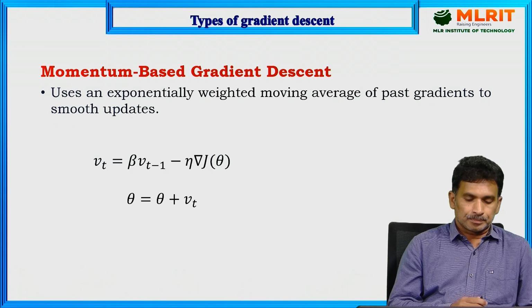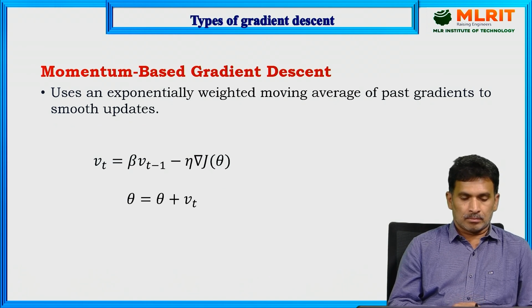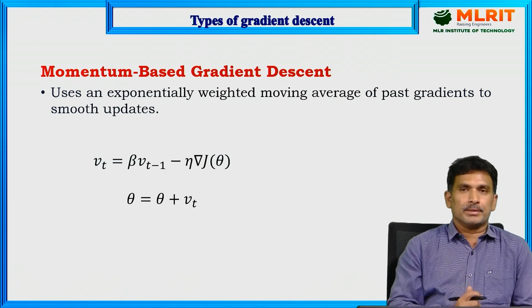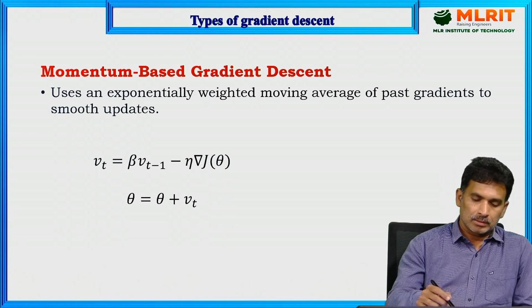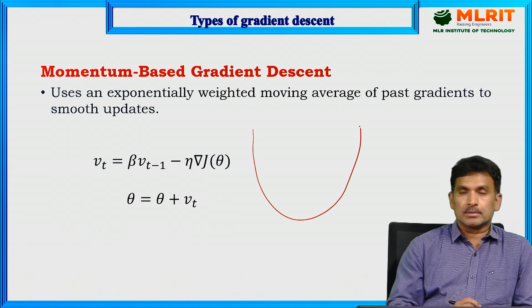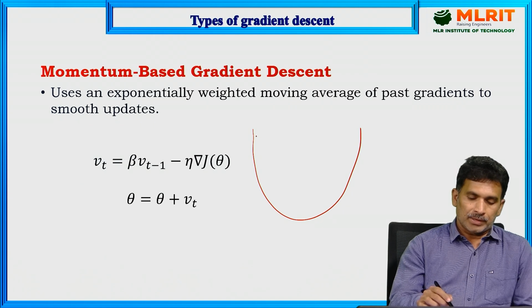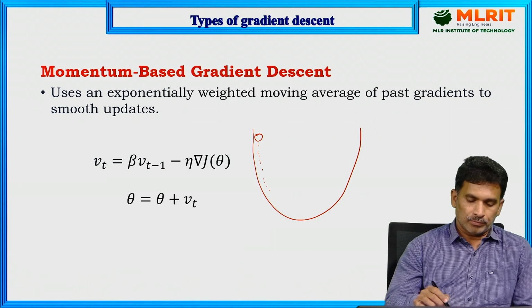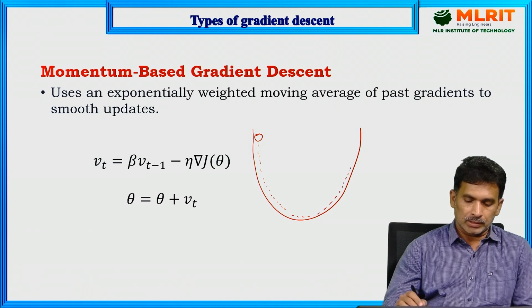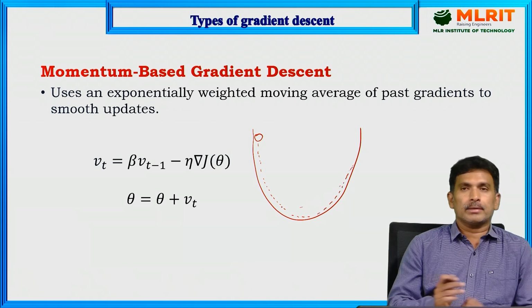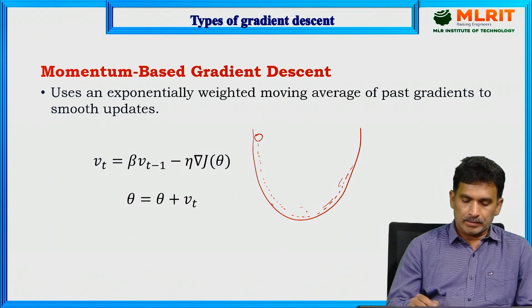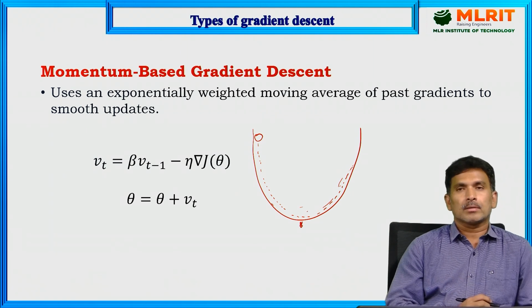But in the momentum based gradient descent, let us take this diagram. When we drop a ball here, it is continuously falling down while moving, right? It gains momentum, so it may go up to this point and again oscillate, and then settle stable at the center point.